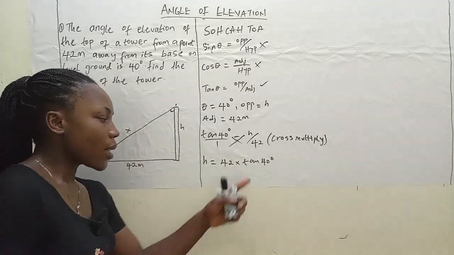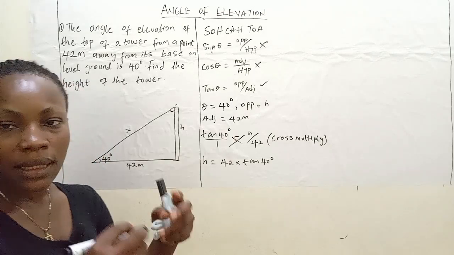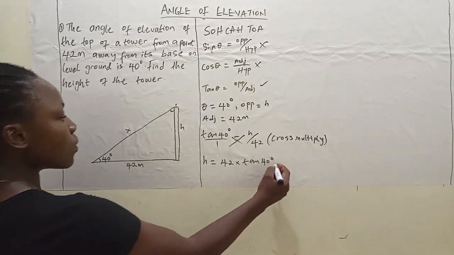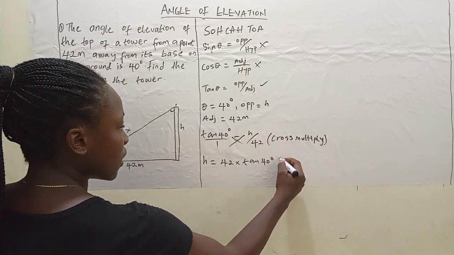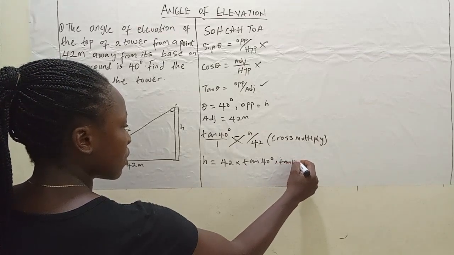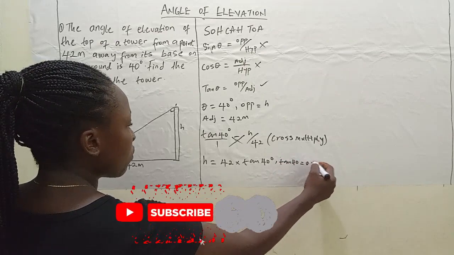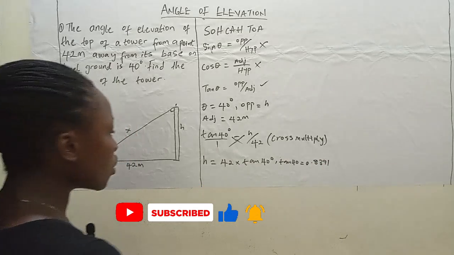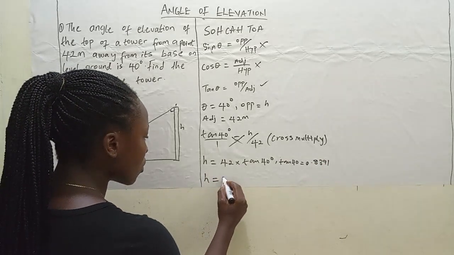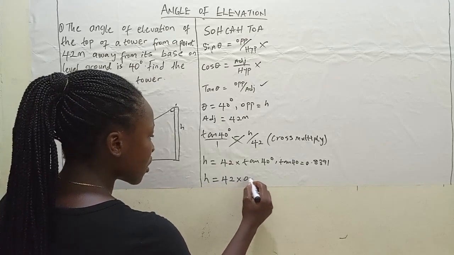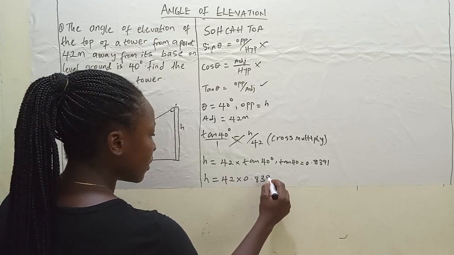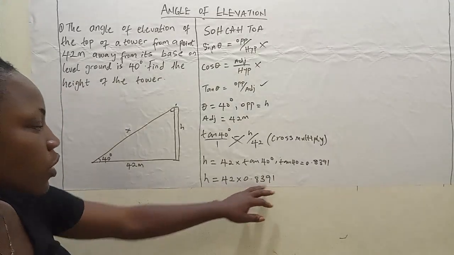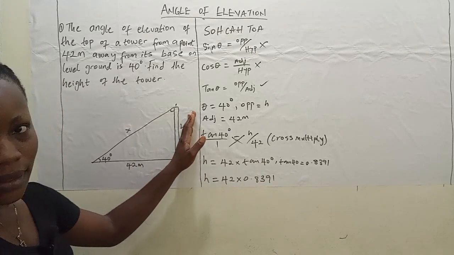And our tan 40, using the tangent of an angle, is equal to 0.8391. So we're going to have h equals 42 times 0.8391. Once we multiply these two together, it will give us our height.